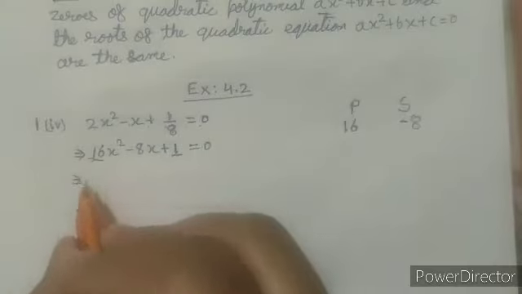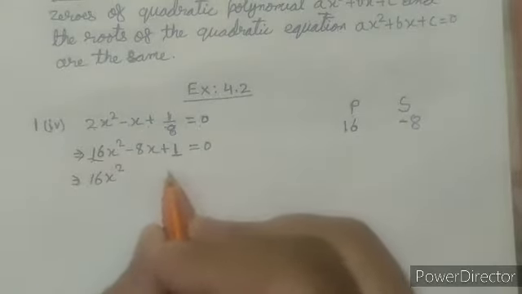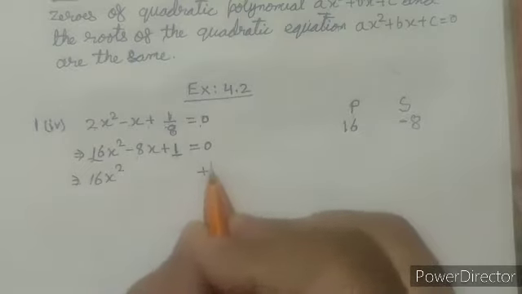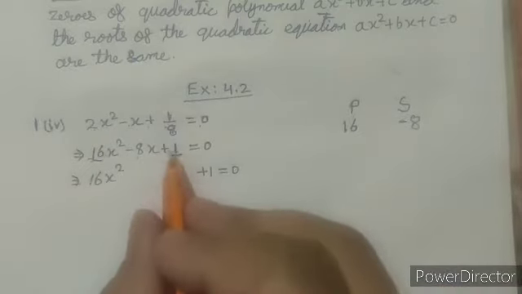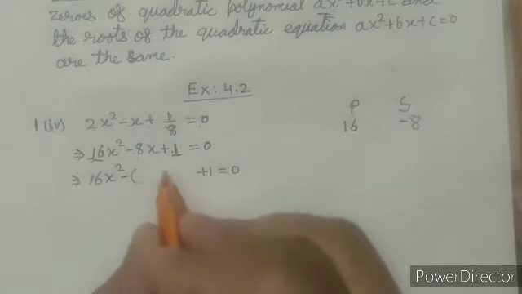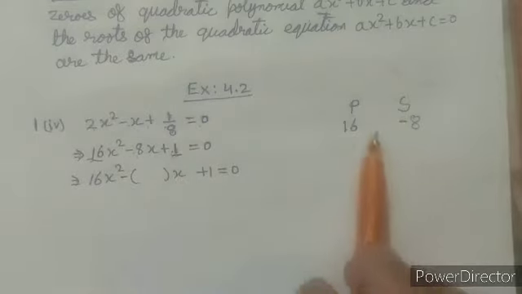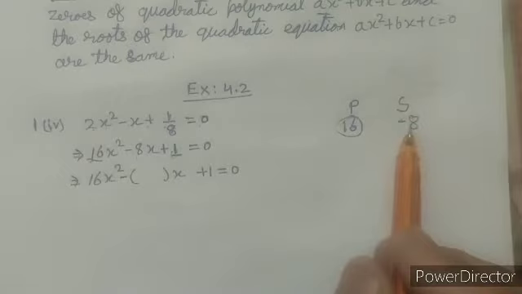Now we will write 16x square and 1 as it is in the previous step. In place of 8x we will write factors of 16 such that their sum or difference is equal to 8.